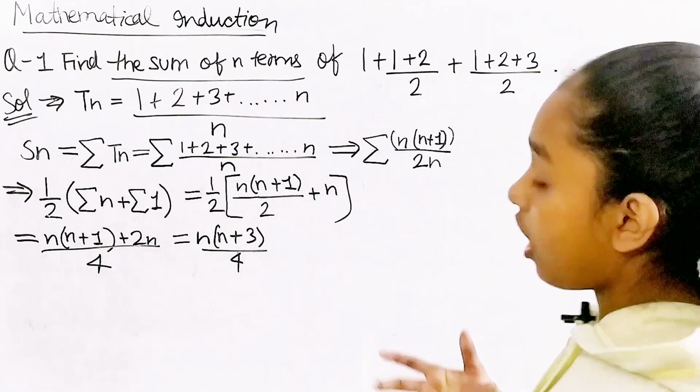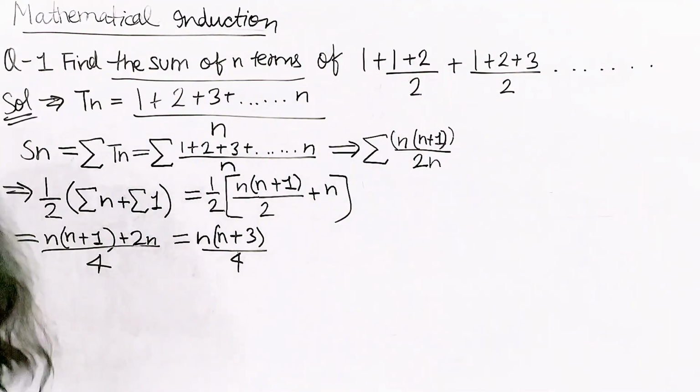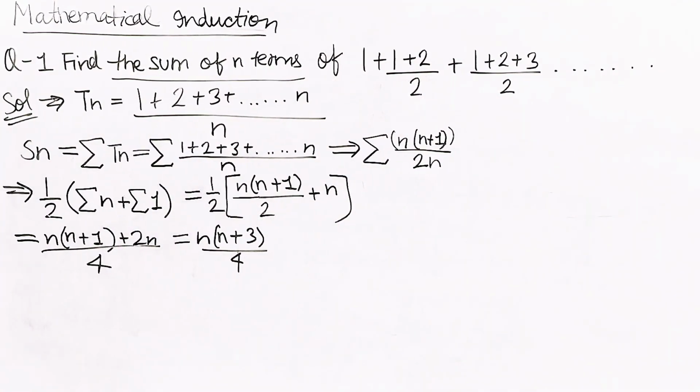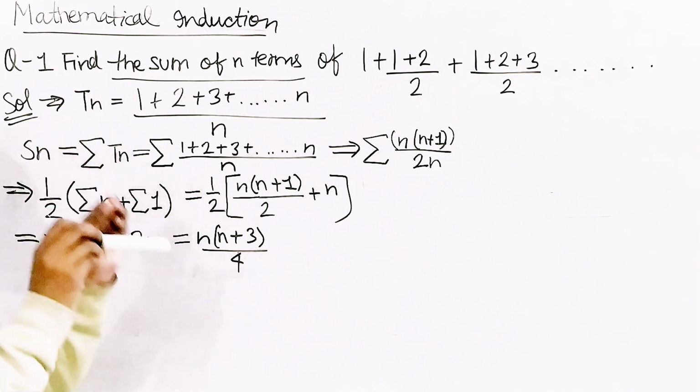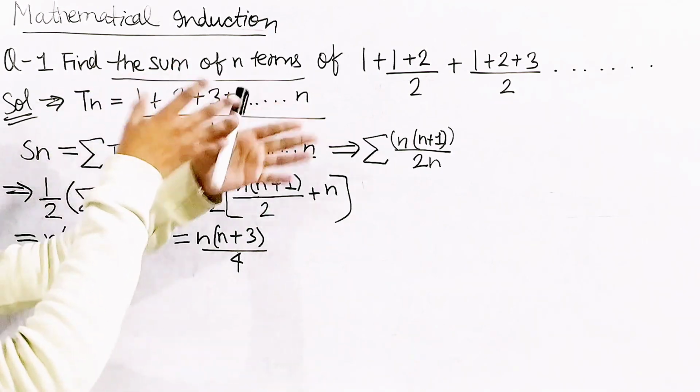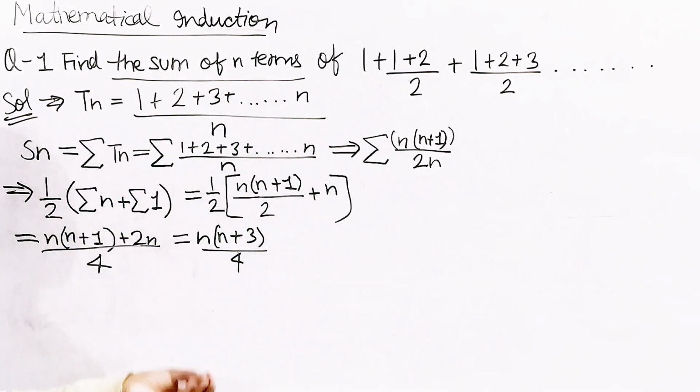It is a symbol which indicates summation. Summation is just like the sum. It does the sum of the n terms, and that's why we use this symbol. Sigma is used as a shorthand notation for the sum of terms that follow a pattern.